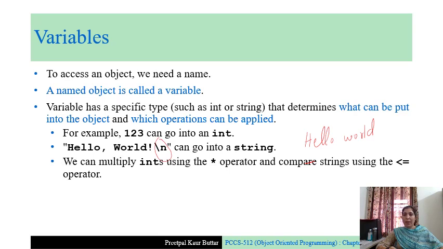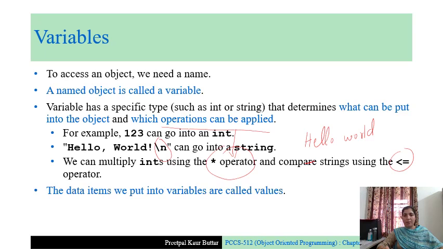We can multiply ints using the star operator and compare strings using the less than or equal to operator. The operations which can be applied on an object are determined by its data type. Arithmetic operators can be applied on integer data type and string operations can be applied on string data type.